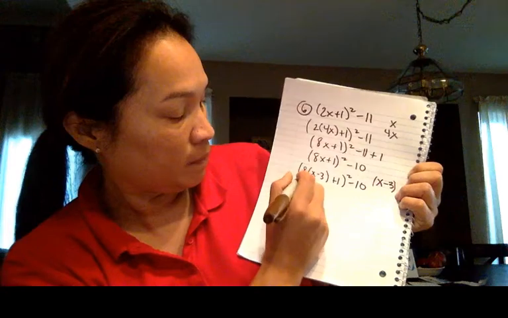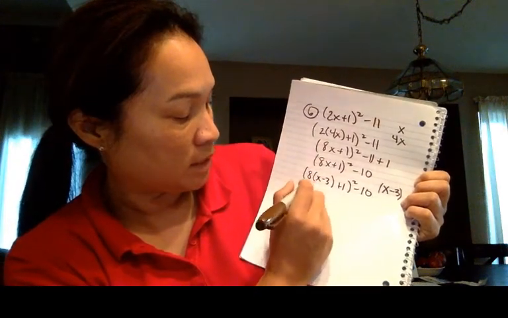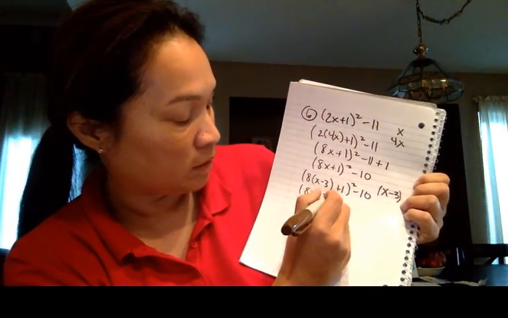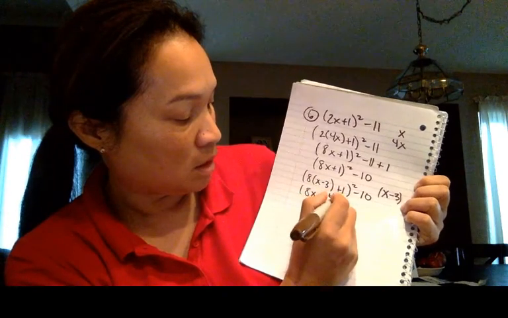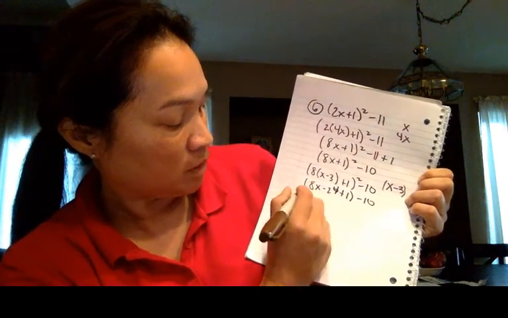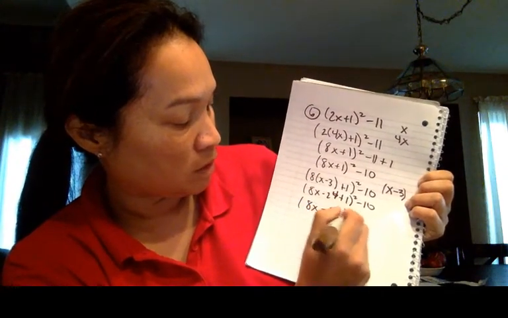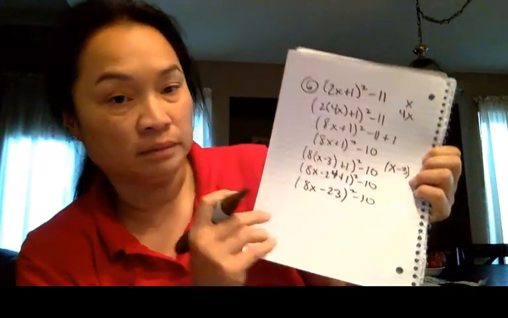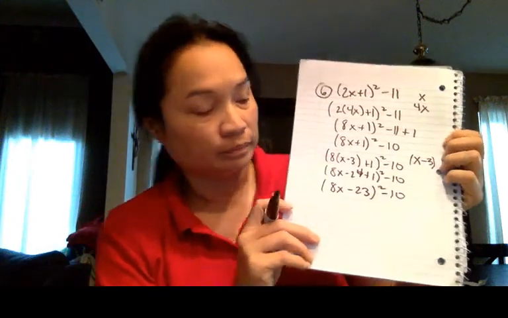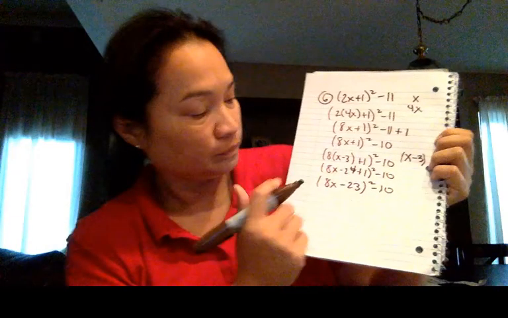I'm going to clean that up, distribute that. It's 8x minus 24 plus 1 minus 10. So it's going to turn out to be 8x minus 23, quantity squared minus 10. And that's my answer.